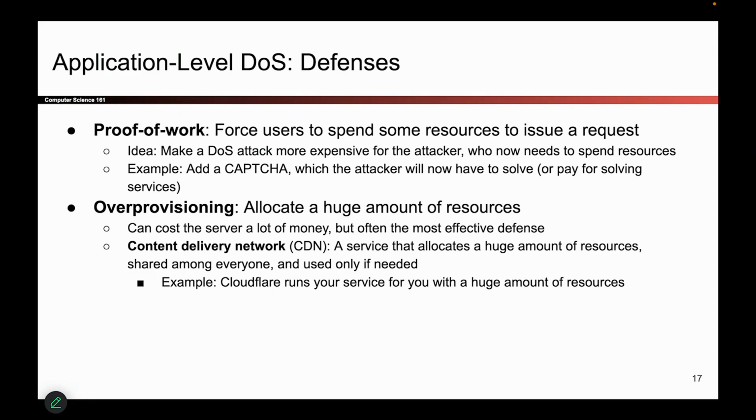And for a little bit of money, you can run your service on their enormous servers. And they would offer denial of service protection. And these services work because lots of users buy into the insurance scheme. All of us are pooling our money so that Cloudflare can afford to run and maintain those enormous servers for us. So that's one final defense against application level denial of service.